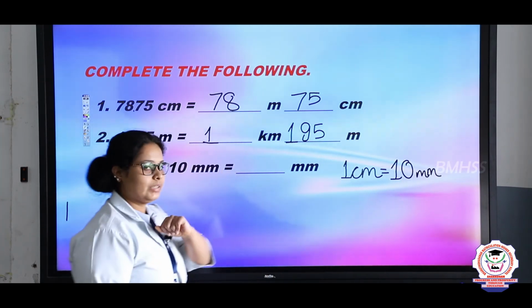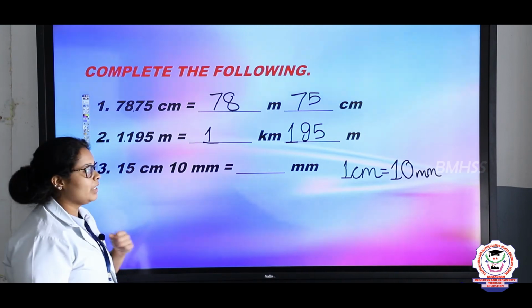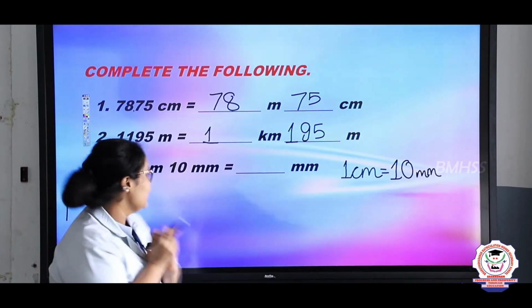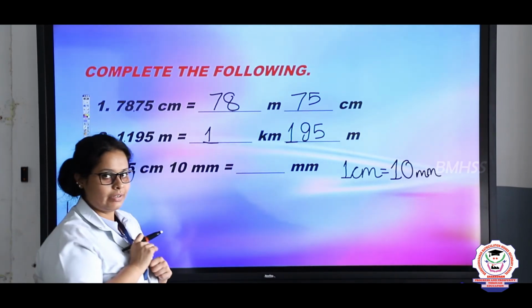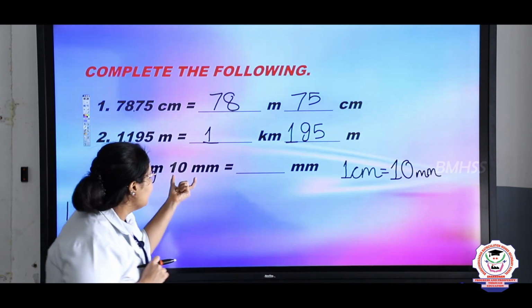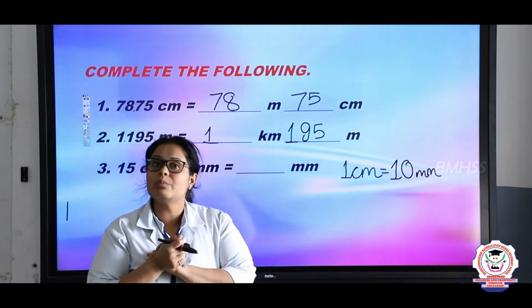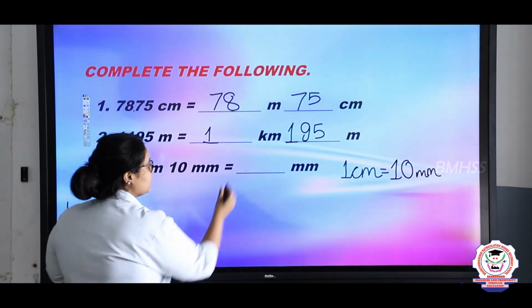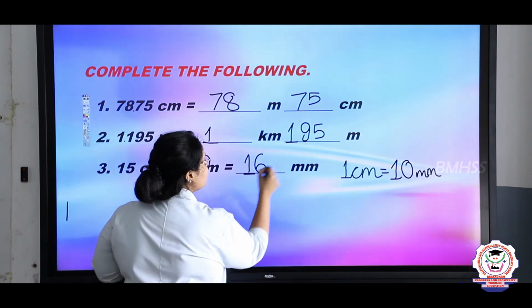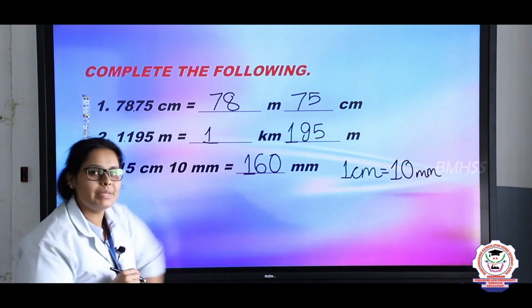Here only one zero is there. So 15 centimeters, when you multiply by 10, you will get 150, right? This 150, again there is 10 millimeters. 150 plus 10 is how much? It is 160. So the answer here will come as 160 millimeters.